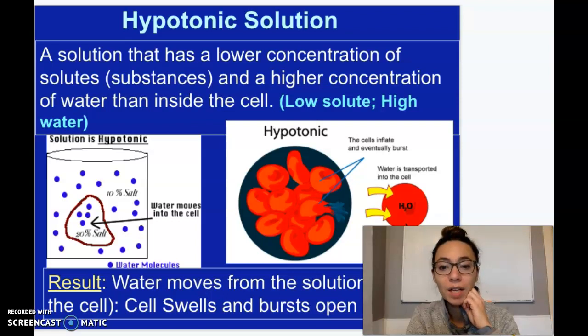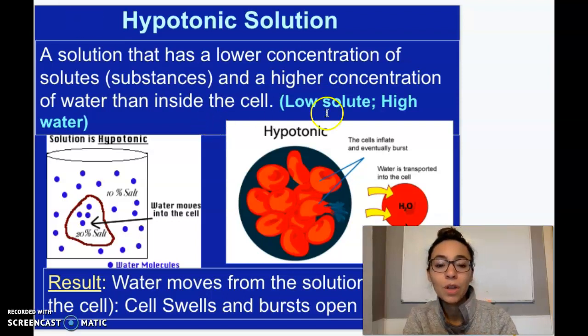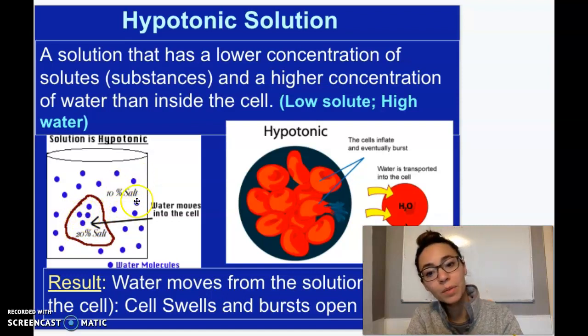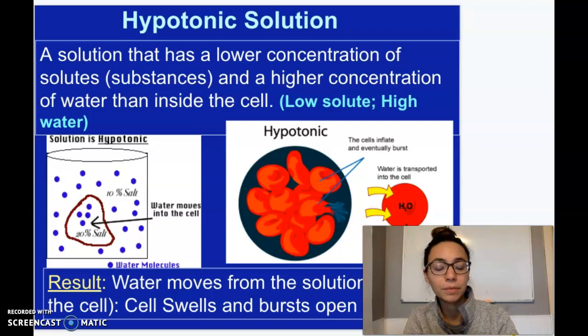A hypotonic solution is a solution that has a lower concentration of solutes, higher concentration of water than inside the cell. Low solutes, high water. Okay, so if we think about this in a diagram, maybe we have 20% salt solution inside the cell, only 10% salt outside the cell.